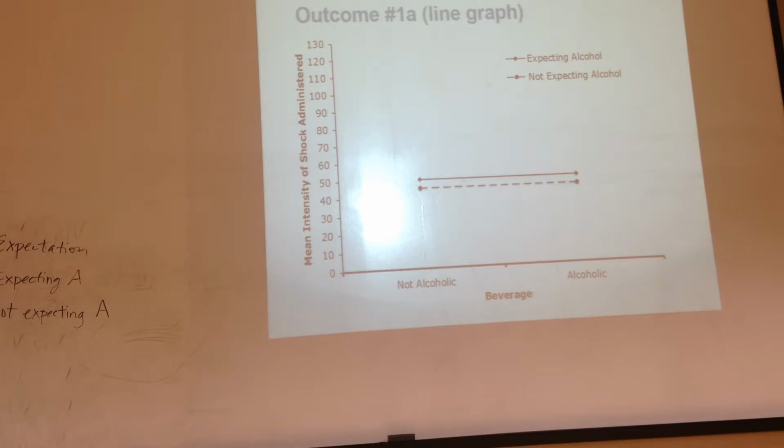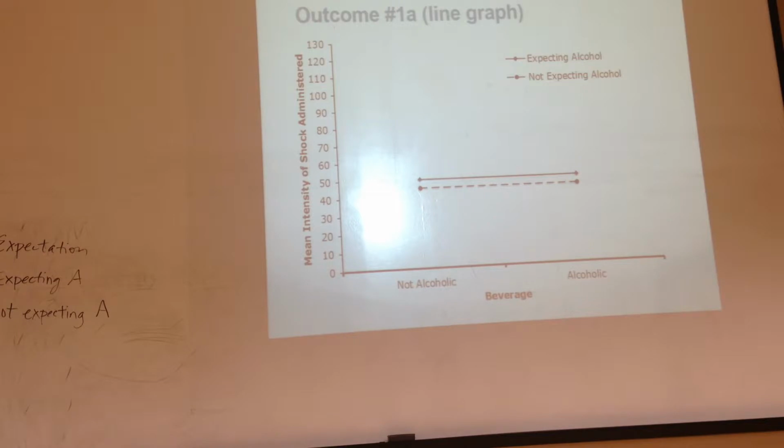So this is a 2x2 design. How do I know that? There are 2 variables, with 2 levels on IV1 and 2 levels on IV2. So that's the 2 by 2 design. Okay, how many different conditions do I have? 4.